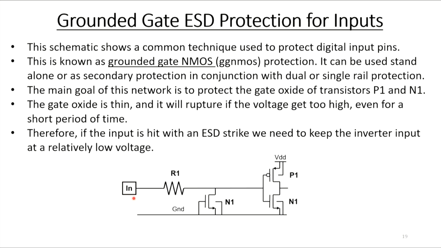So the main goal of this protection scheme is to protect these thin gate oxides of these input devices. And these things can rupture if the voltage gets too high on the gate node. Therefore, we keep these voltages pretty low.